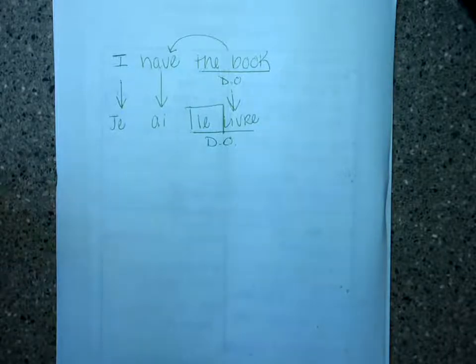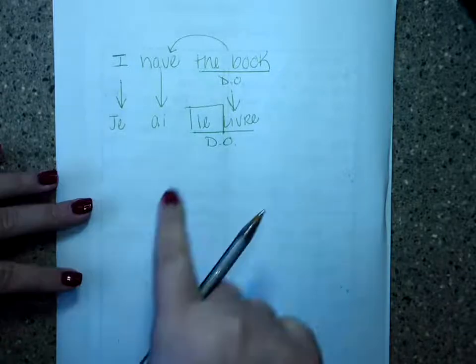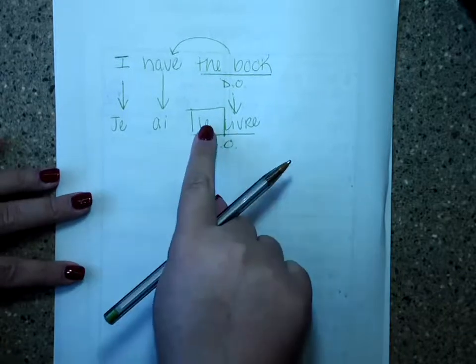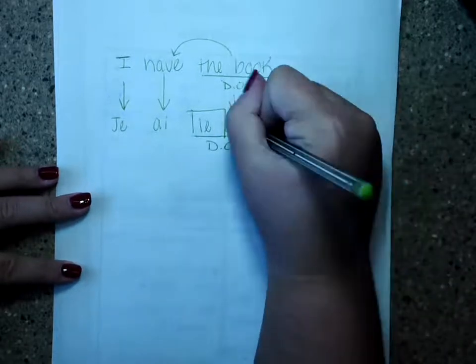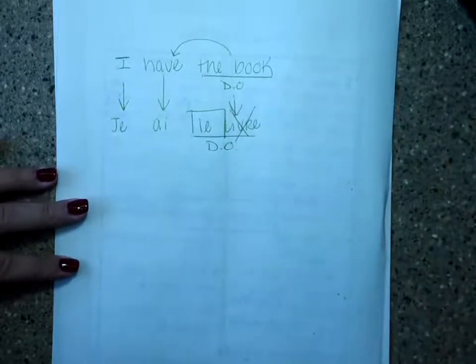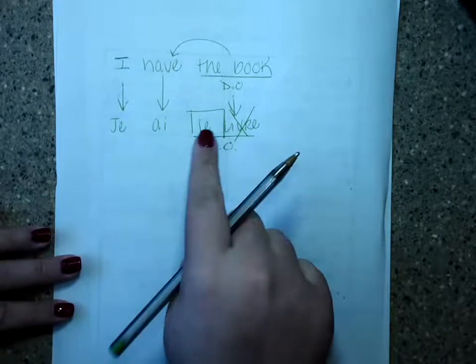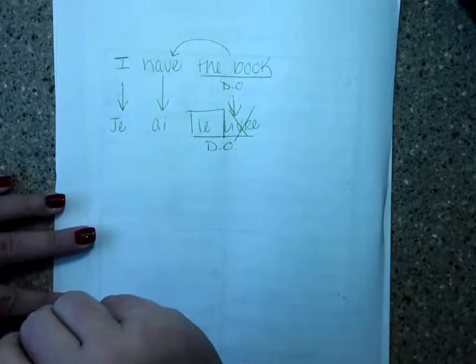So now we have to decide where it's going to go in our sentence. So essentially, when we're replacing a direct object with a direct object pronoun, you're getting rid of the actual item itself because you don't want to say, I have it, the book. You just say, I have it. So now that we have our pronoun figured out, we're going to figure out our placement.